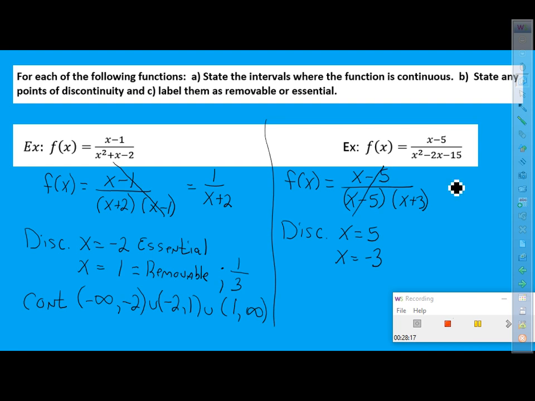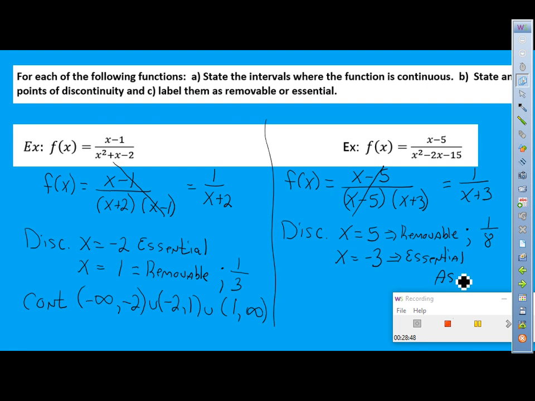The answer is yes. I'm going to remove the x minus 5, which leaves me 1 over x plus 3. So I know this one is removable, aka there's a hole. I'm also going to tell you the limit, plug in 5, is going to be 1/8. I can't get rid of this plus 3, so this is an essential, aka an asymptote.